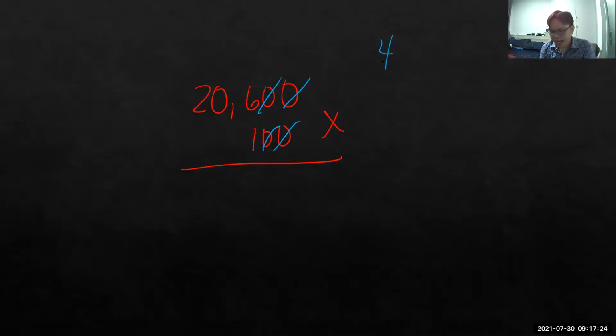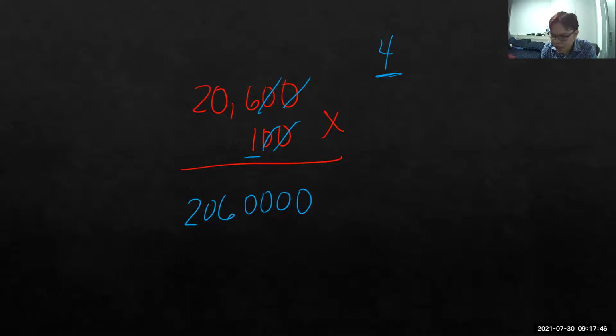Now, multiply 206 by 1. Remember, any number multiplied by 1 is the same number. So write only 206. And then drop down the 4 zeros, 1, 2, 3, 4.